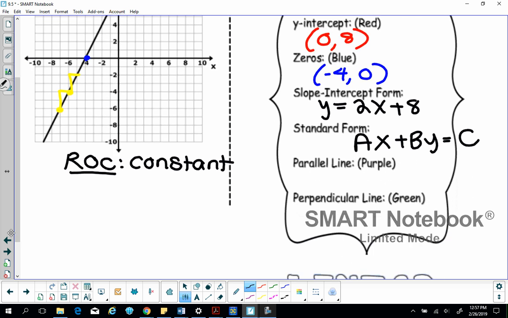For a brain bug, who can raise their hand and tell me what parallel lines means? Divine.